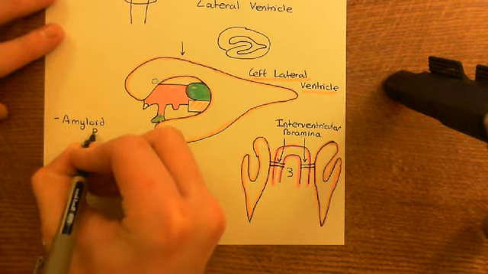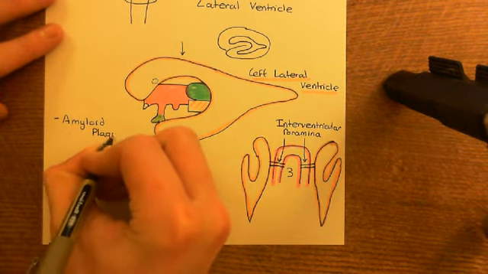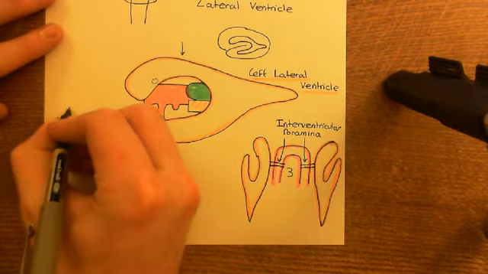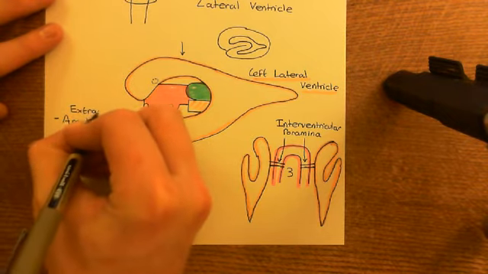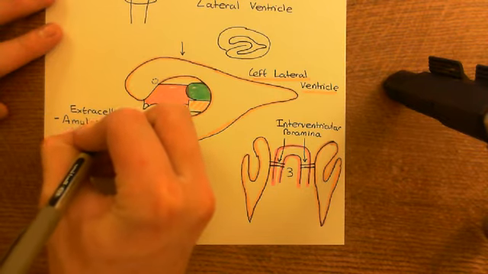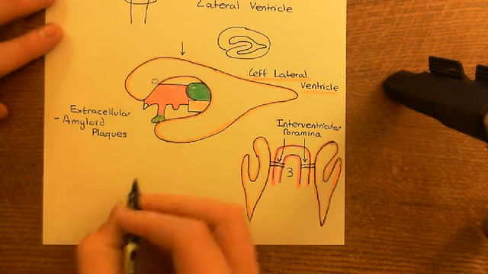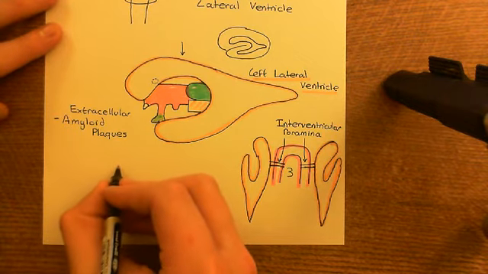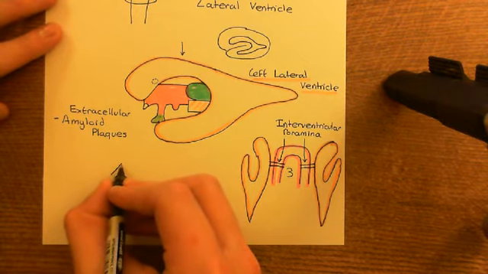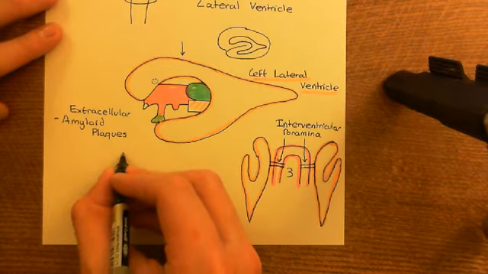Let me explain what an amyloid plaque is. Importantly, these are extracellular, so they are not inside the neurons themselves. Let's draw some neurons, and then we'll draw some extracellular amyloid plaques. We'll have a neuron here.